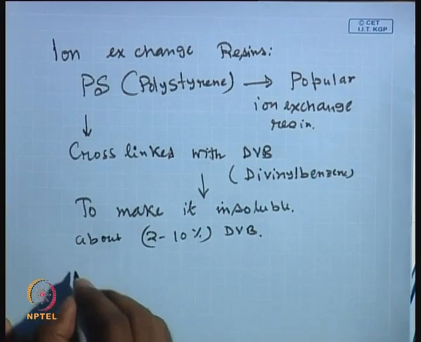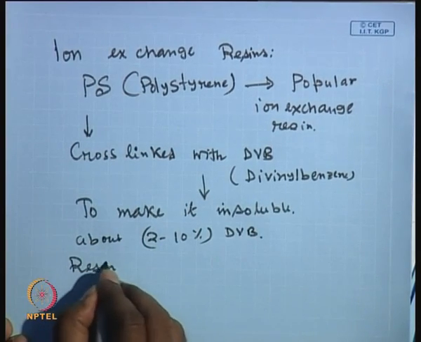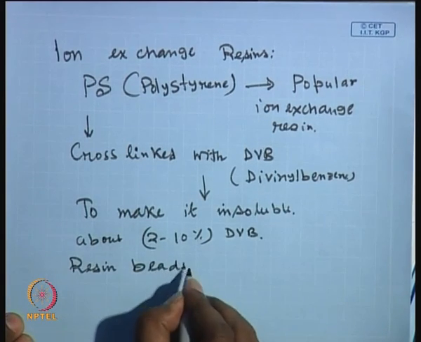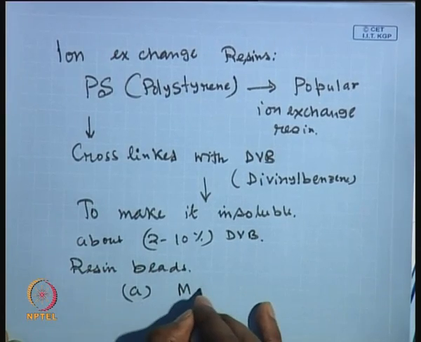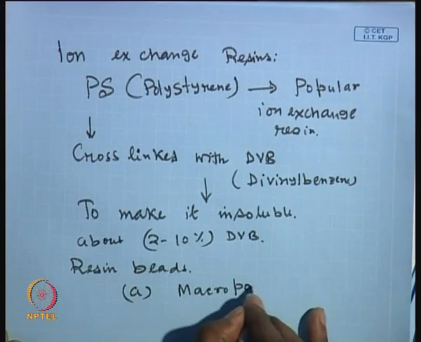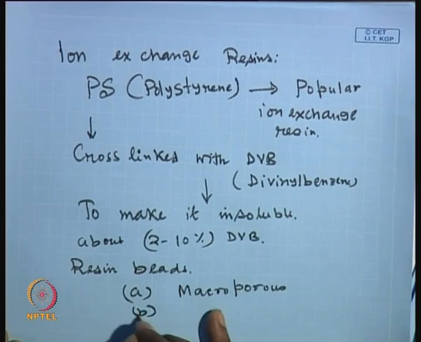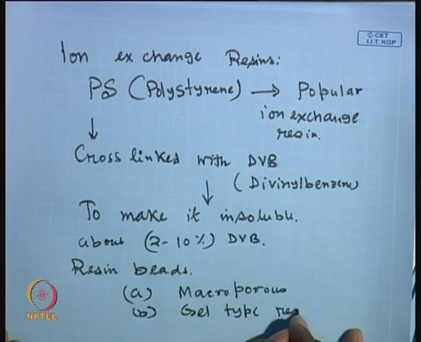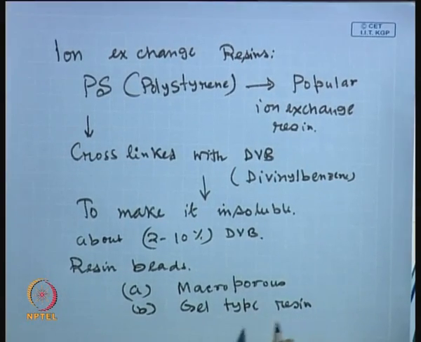There are two types of resin beads used. Resins are generally in the form of beads. One is macroporous, another is gel type resins. Macroporous are solid beads with lots of pores inside them, and gel type is almost a viscous type of material, in transition between the liquid and the solid, highly viscous material.